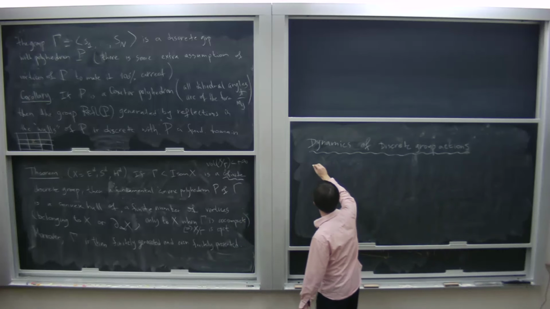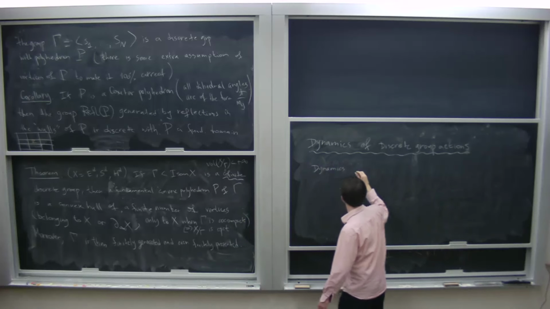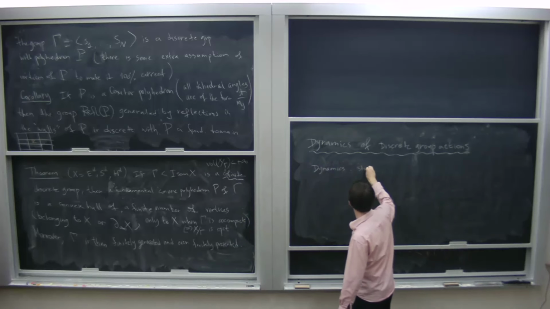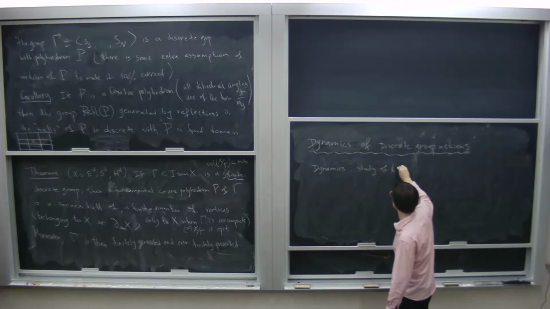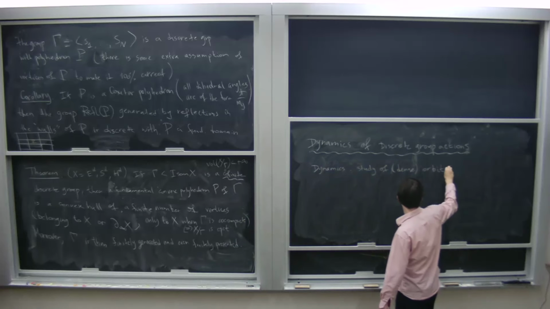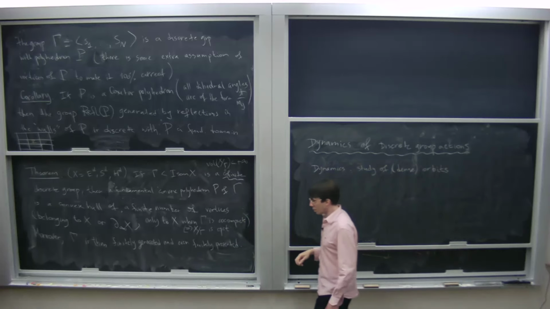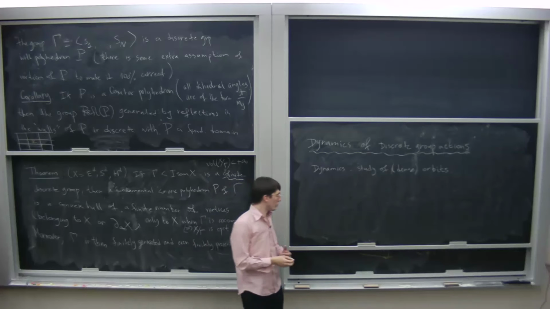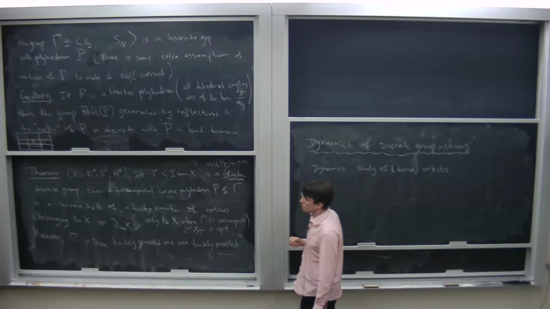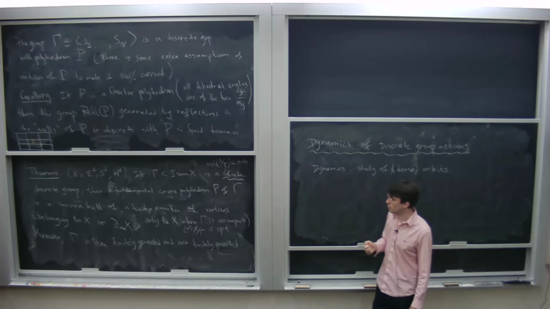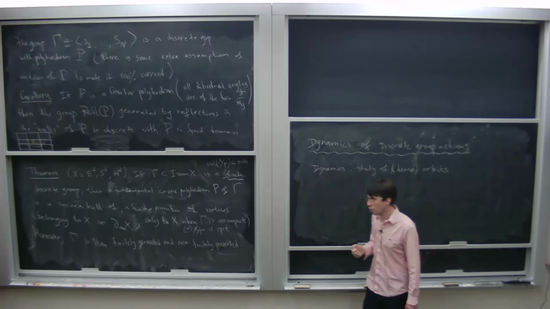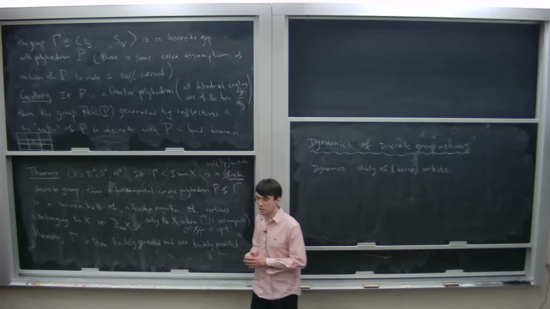So dynamics of group actions means basically the study of dense orbits. In the space X itself, orbits are discrete, but we already discussed, right? We already considered the case of elementary groups where we have some accumulation points at infinity.